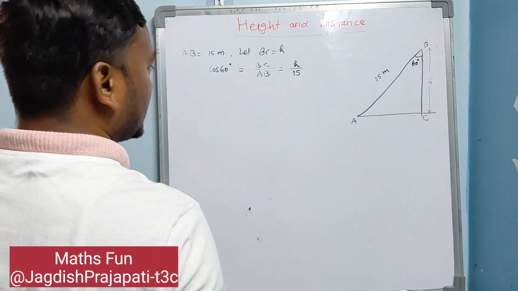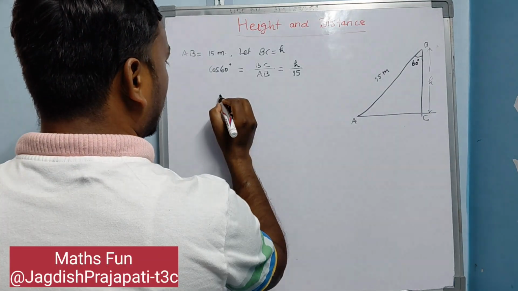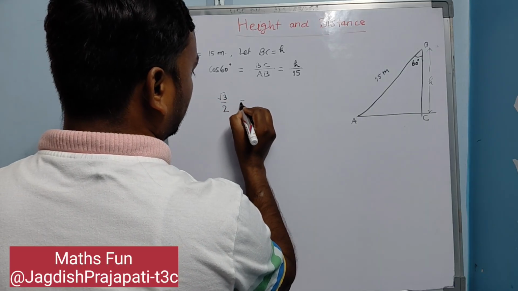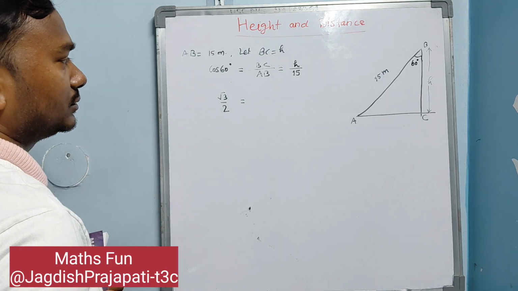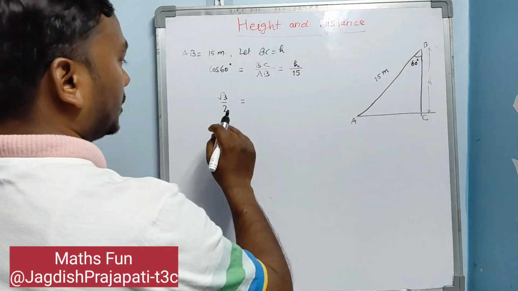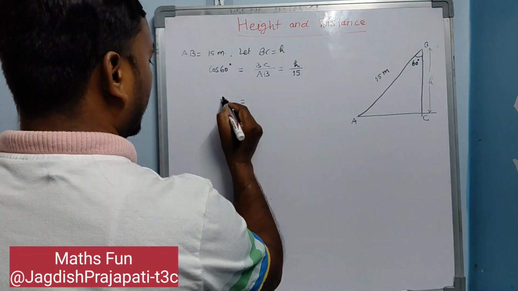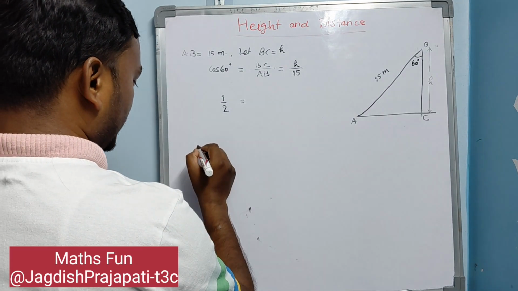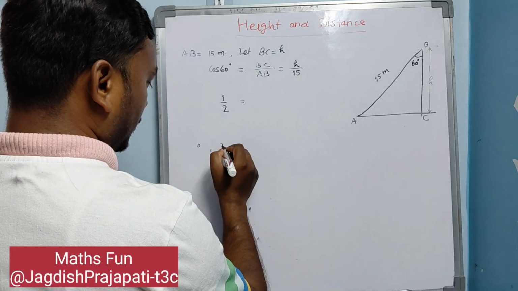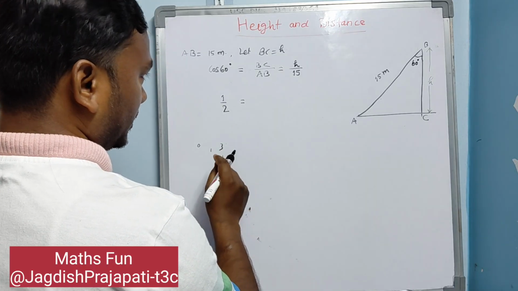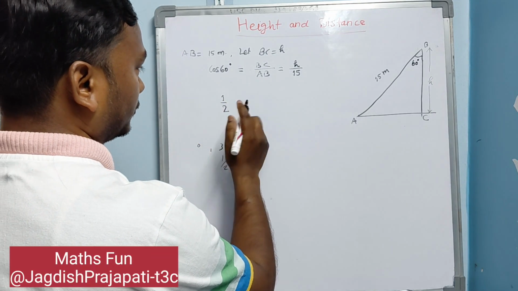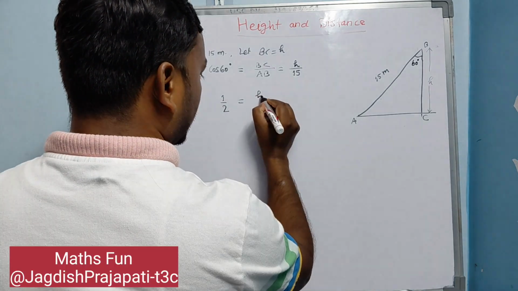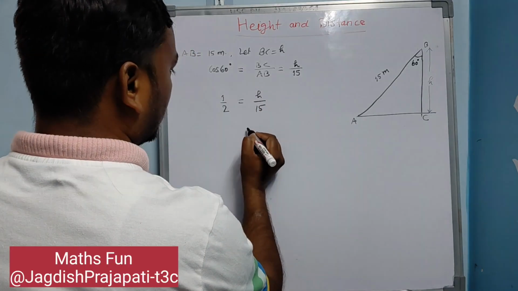And if you see, cos 60 is, no, it's 1 by 2. Cos 60 is 1 by 2. Yeah, cos 60 will be 1 by 2. Okay. So h upon 15.